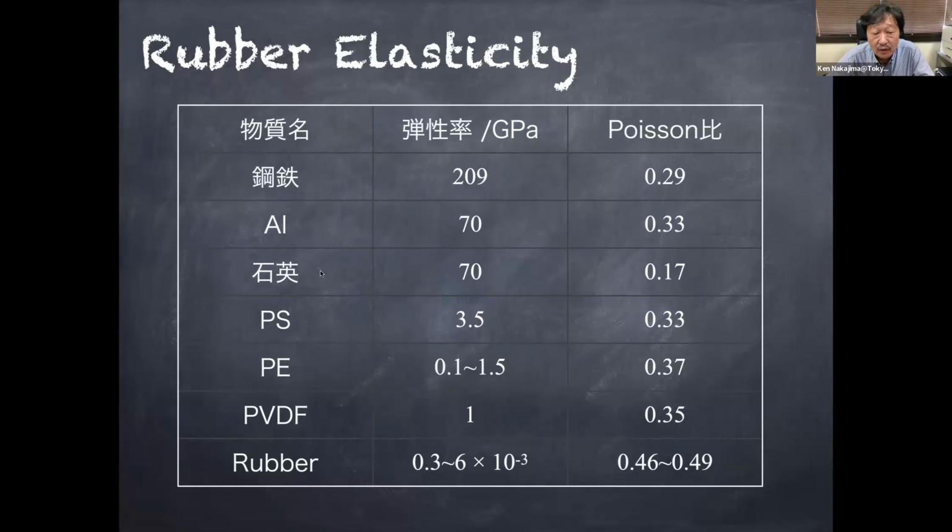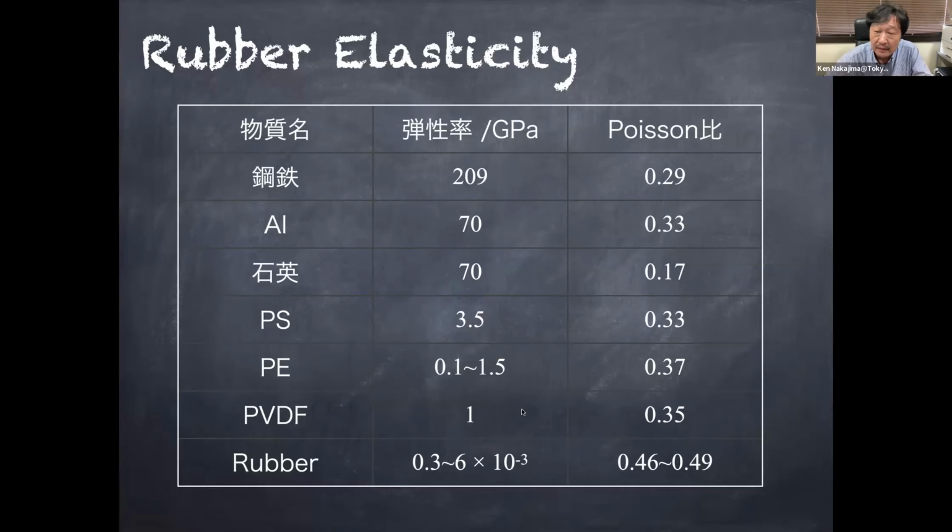Aluminum or silica are really hard materials. Polystyrene is one of the plastic materials, polyethylene is also a plastic. PVDF is another plastic material, in the range of gigapascal level. But only rubber shows a very low modulus value, about 10,000 times smaller than plastic moduli.